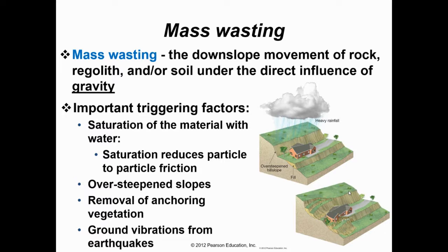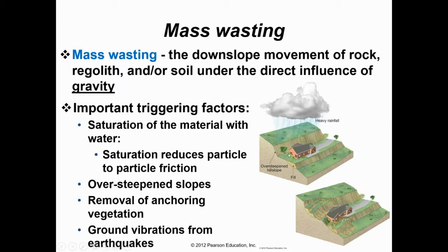Some other things that often cause mass wasting: removal of vegetation. So this is also an erosion control issue, where, you know, you can see here in these pictures, we have a very steep hill slope that was cut out to build this house. And believe it or not, this type of stuff happens all the time.